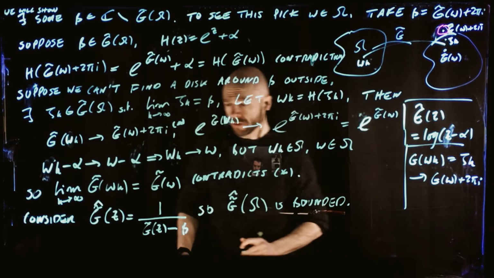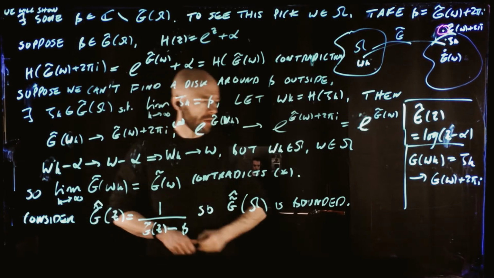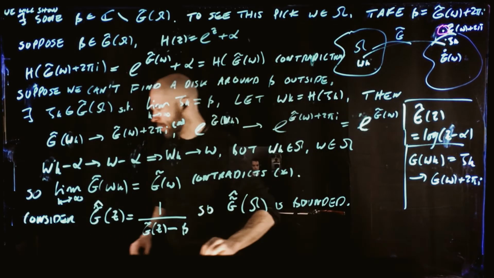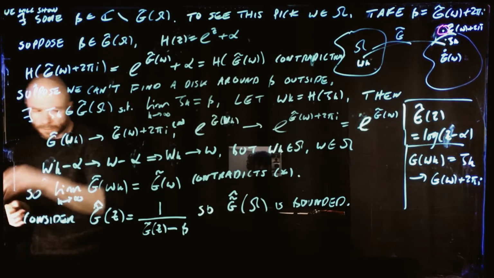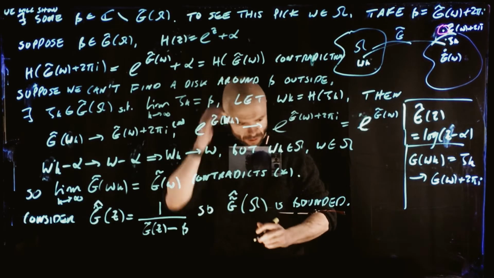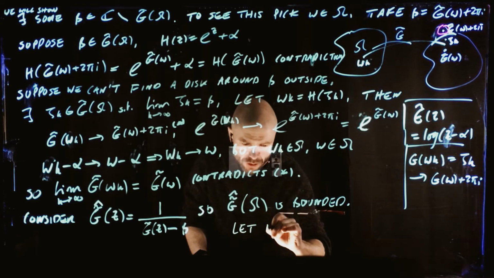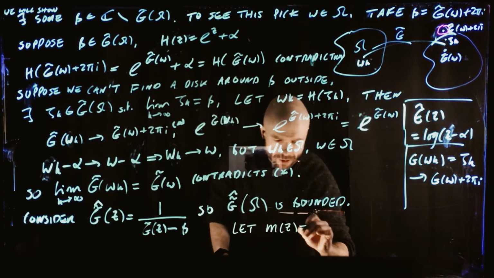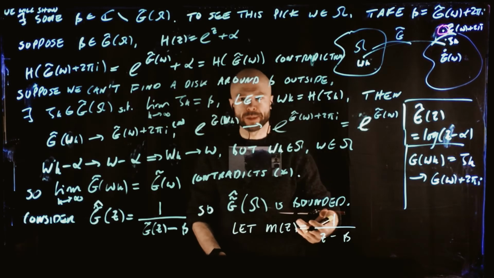And I claim it's also the case that this thing is a conformal mapping. Someone who isn't Josh, tell me why. Why is this a conformal mapping? It's a composition of what? Good. Yeah, so if we let M of z be this mapping 1 over z minus b, then this is a nice Mobius mapping.